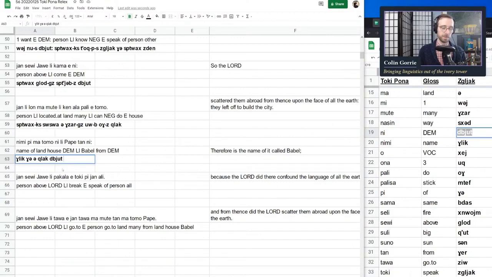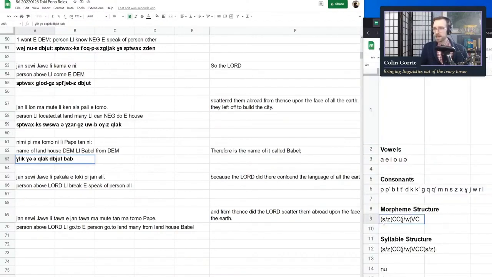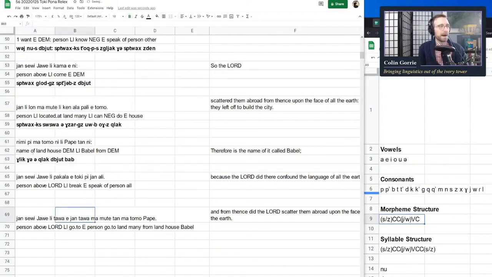We can probably do a little bit better. Our morpheme structure constraint, if you will remember, it's over in the phonology, is this, which means I think all we can get out of this would be Bob. But we can capitalize it to tell people that it's a proper name.